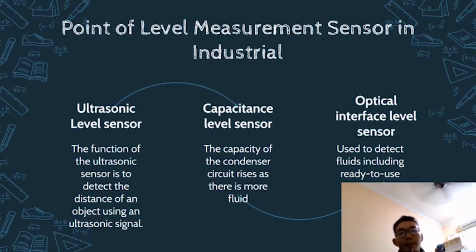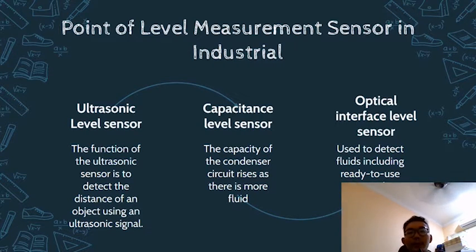Next, I will explain three level measurement sensors that we use in industry. The first one is the ultrasonic sensor. It is used to detect an object using an ultrasonic signal.